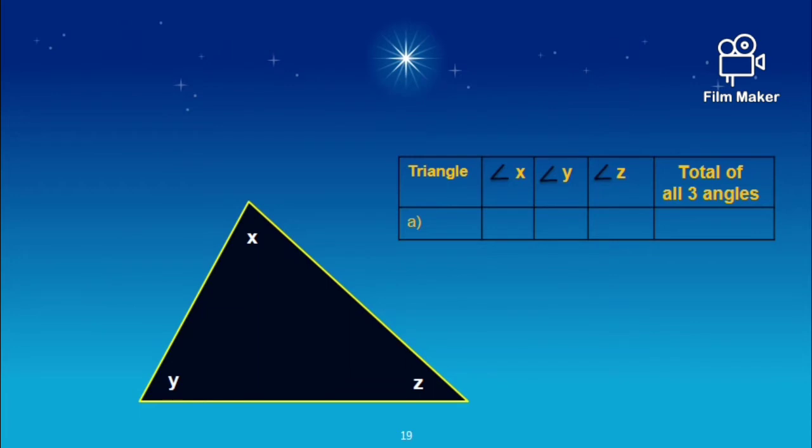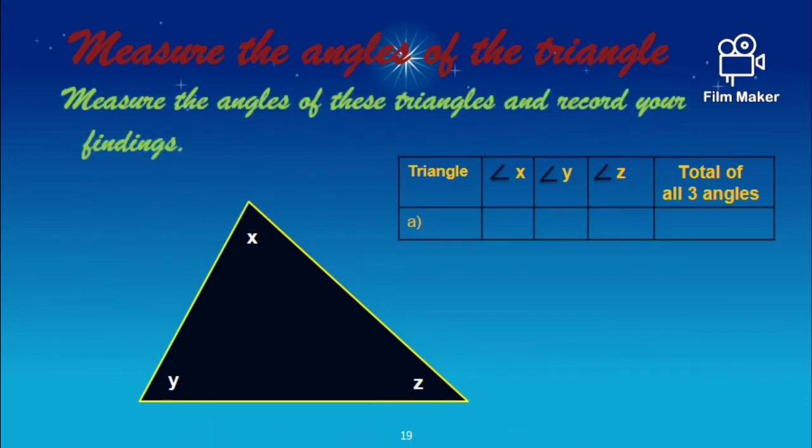Like the sides of a triangle, we can measure the angles of the triangle, then we can write the name of the triangle. So measure the angles of the triangle and record your findings. Now we have to measure the angles of this triangle and then we will record our findings in the table.